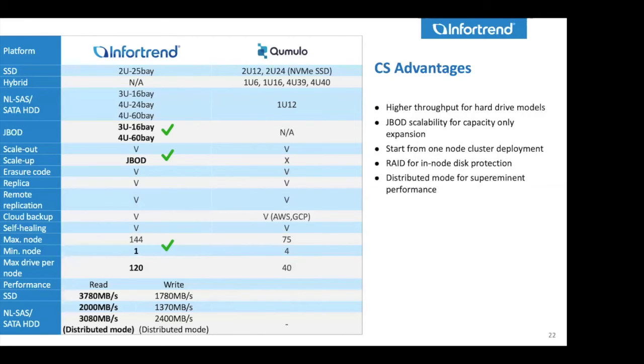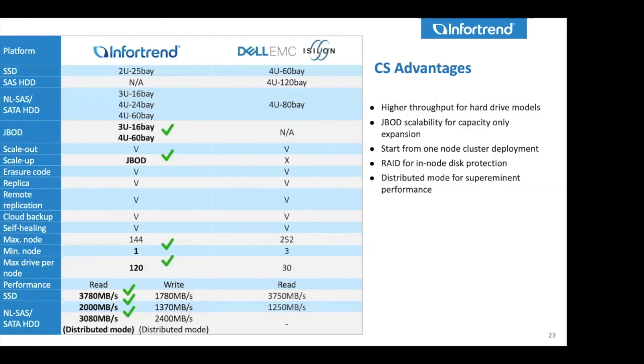Here's just a couple of slides on versus the competition. There's one here for Qumulo, and there's one here also for Dell EMC Isilon. In general, they're both the same. You know, there are always relative advantages, disadvantages to certain systems. In general, Infortrend have a higher throughput for the hard drive models. They can start with smaller clusters.